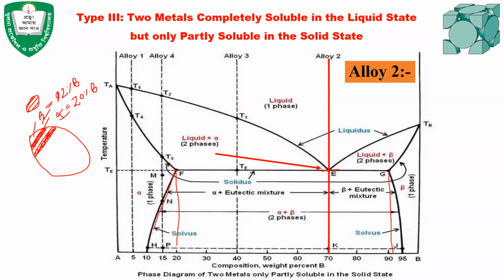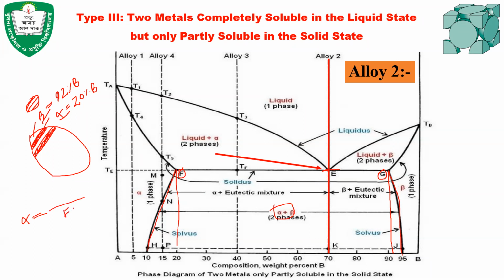This is the alpha solvus line, and this is the solvus line for beta. So the tie line will be between these two solvus lines. At the eutectic temperature TE, the tie line will be from point F to point G. And to find out the percentage of alpha, we have to apply the lever rule.